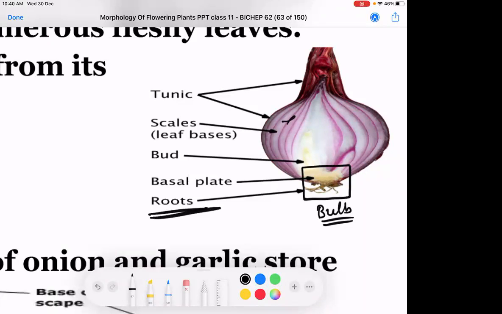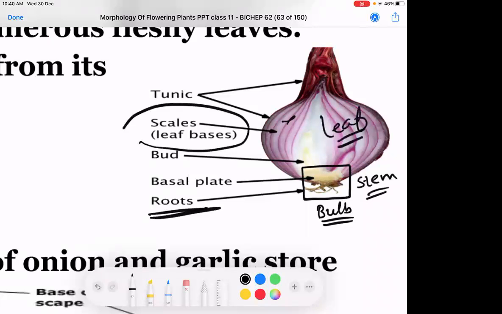These bulb or this part is actually its stem. Originally it is the stem, very condensed and a disc-like apparatus. This is its leaf storing the food. So it is leaf bases storing the food. What we eat, they are the leaf bases. An adaptation for storage of food. Ready?